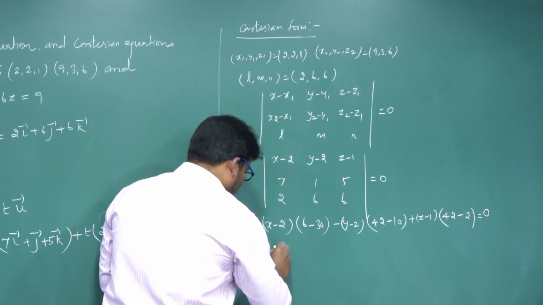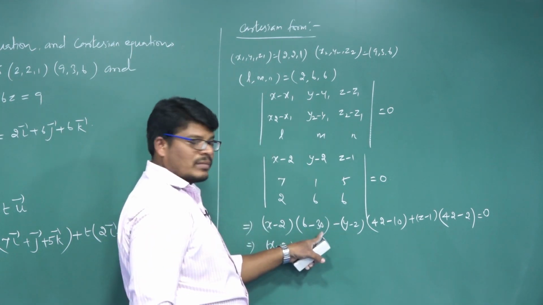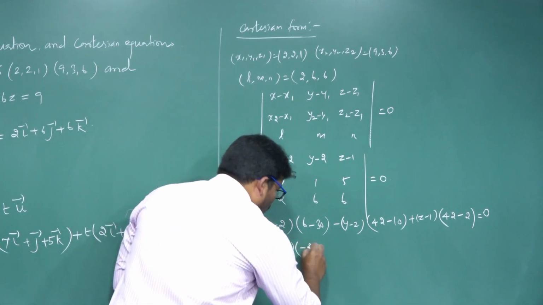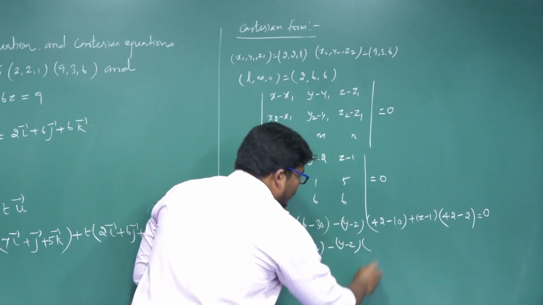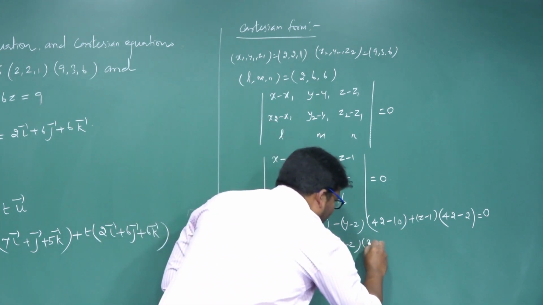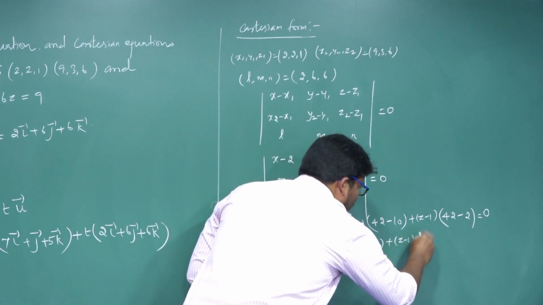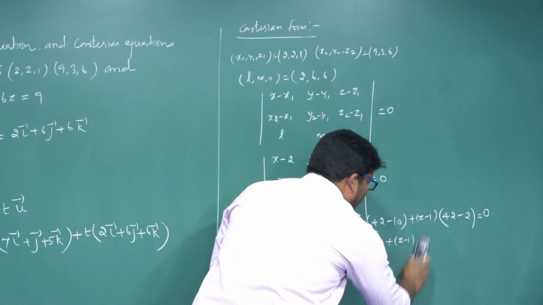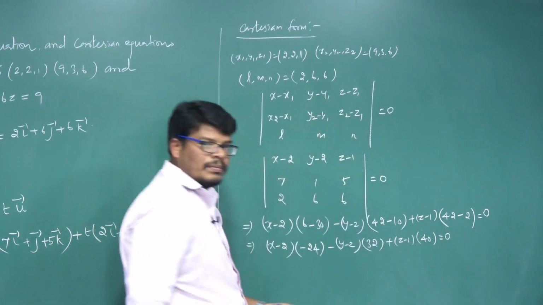That implies (x - 2)(6 - 30) = -24, minus (y - 2)(42 - 10) = 32, plus (z - 1)(42 - 2) = 40, equal to 0.